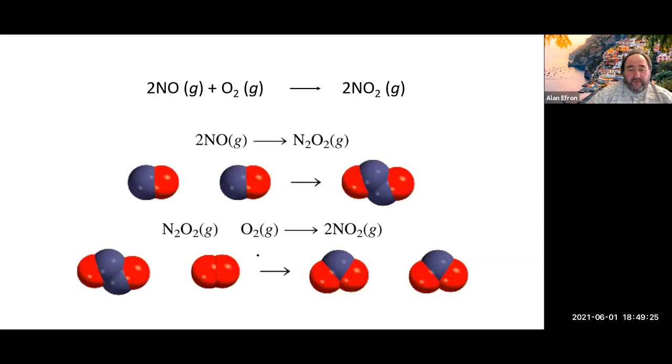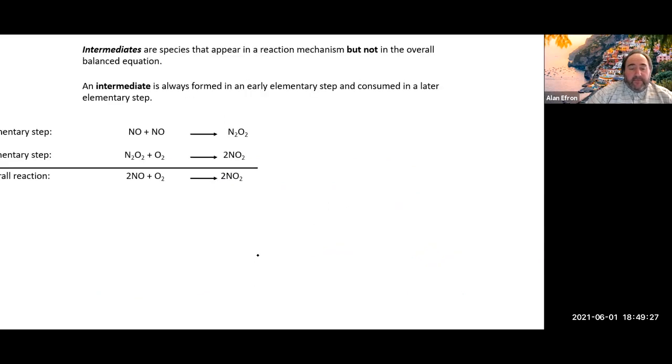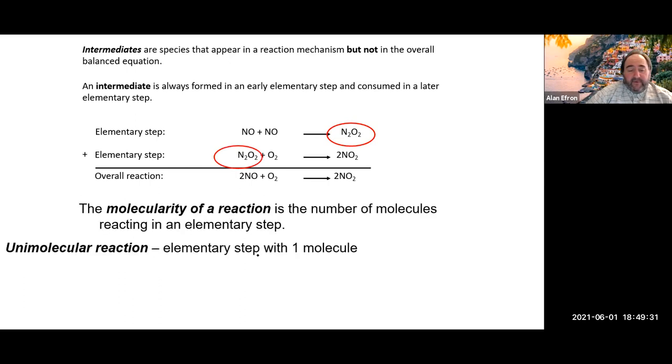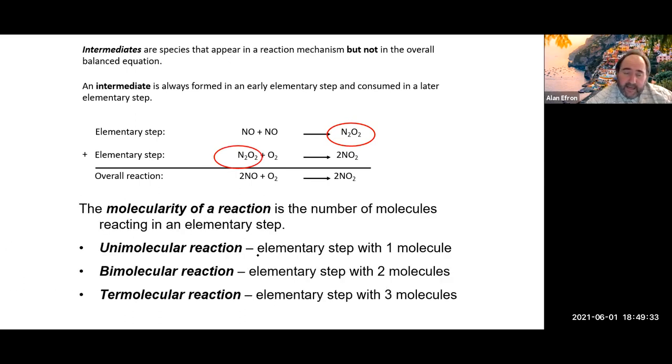Here's just a graphical version of that. So the importance of an intermediate is a couple of things. First off, it gets formed early on in a reaction mechanism. But what makes something an intermediate is that it should not appear in the overall reaction.